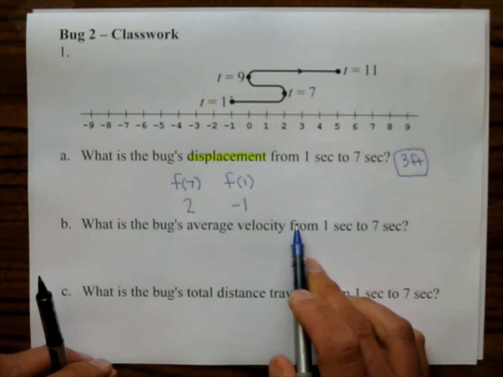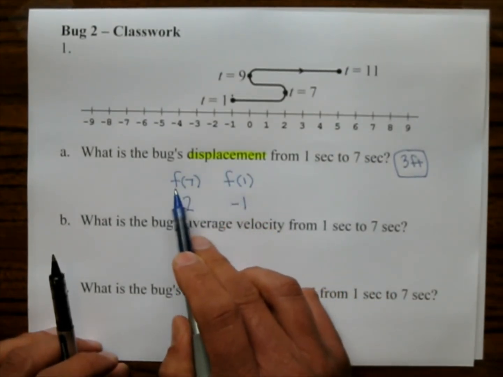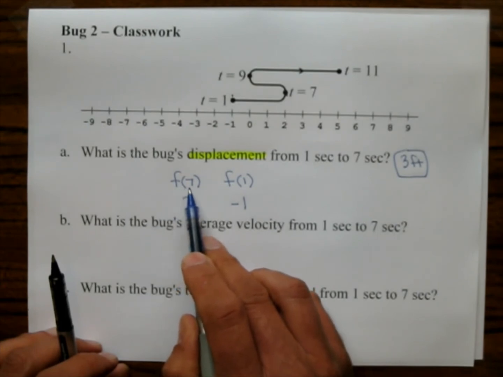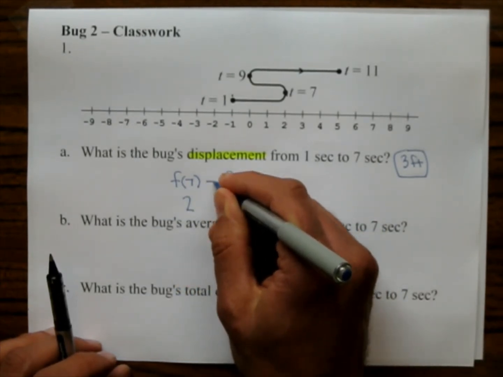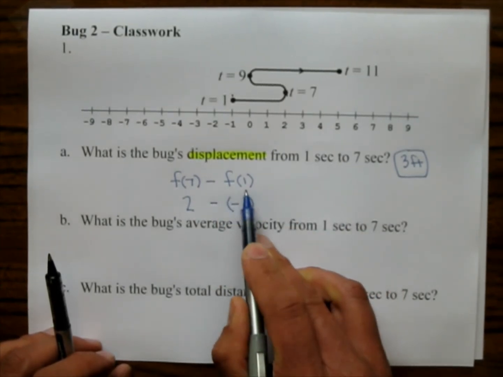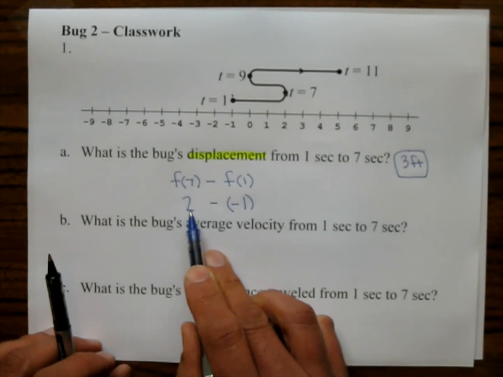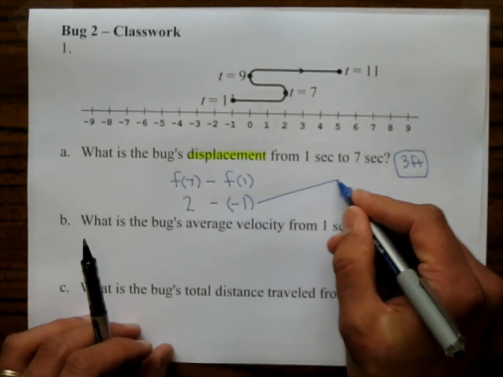So you can get displacement by going f of the end time minus f of the beginning time. And look what happens. 2 minus a -1 is a +3.